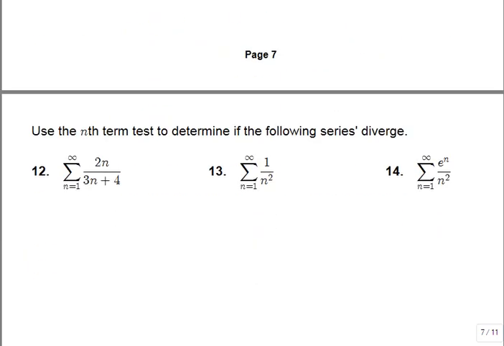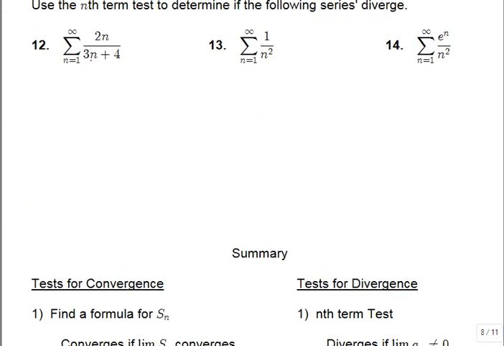So, for example, if you have the following series right here, the sum from 1 to infinity of 2n over 3n plus 4, this is your nth term. This determines each of the terms of your sequence, and then we're adding those sequence terms together to get our sum. So what the nth term test says is if you look at the limit of this a sub n, what is this limit going to be?